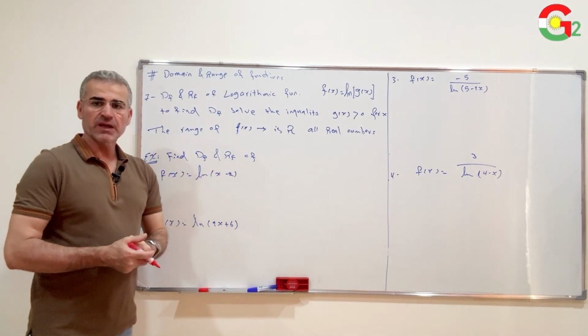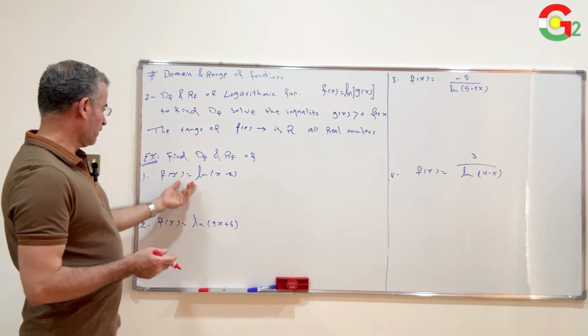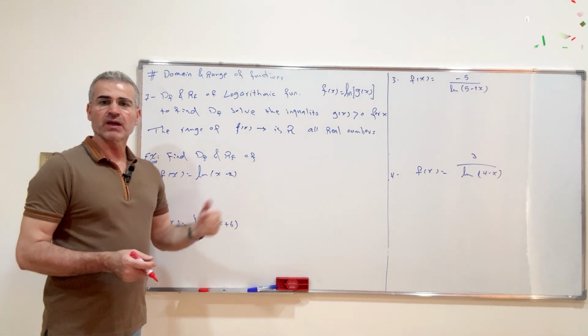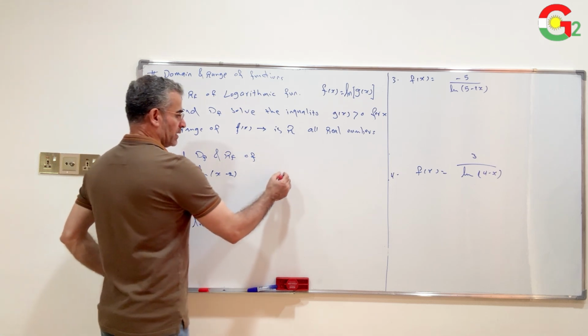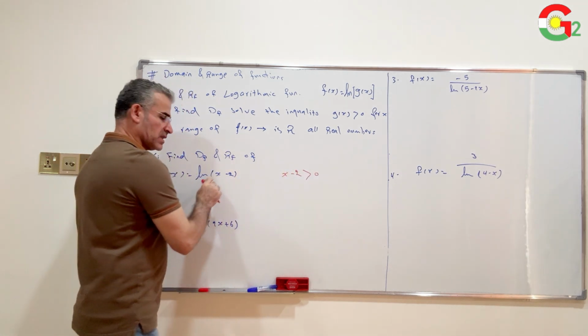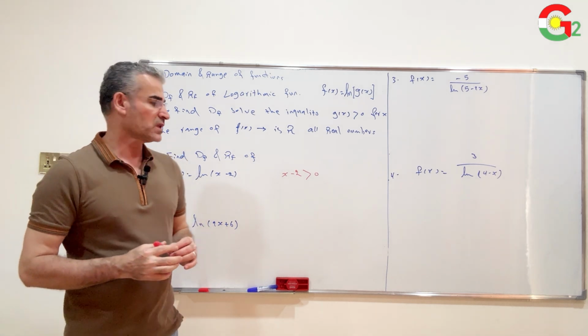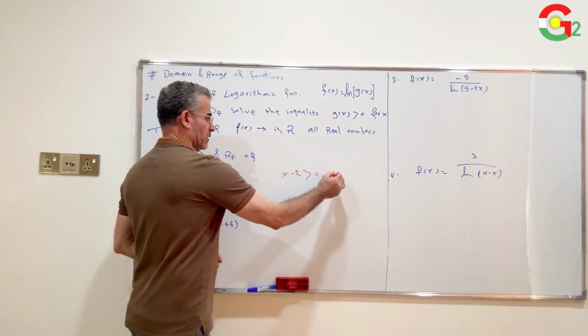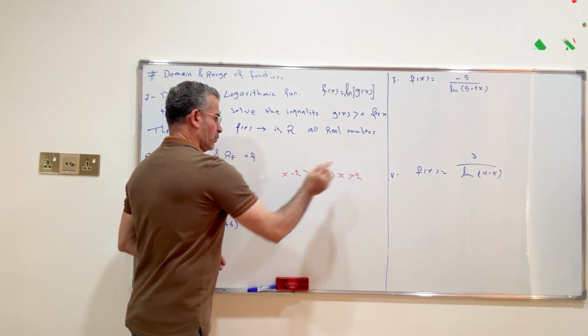Example, find domain and range of the following function. F of x equal ln of x minus 2. I'll set x minus 2 greater than 0, since the ln is defined only for positive numbers, then x greater than 2.